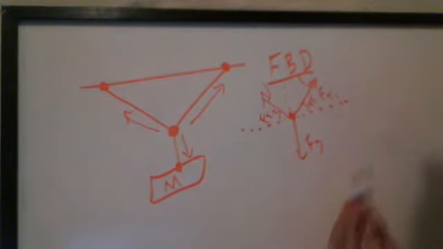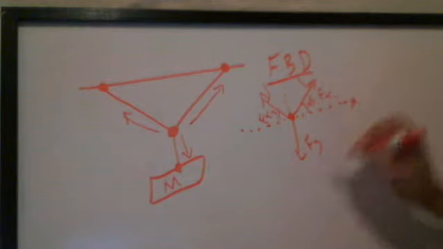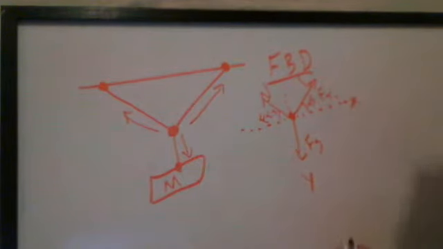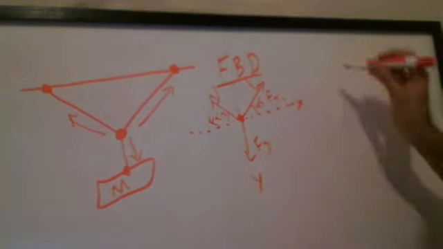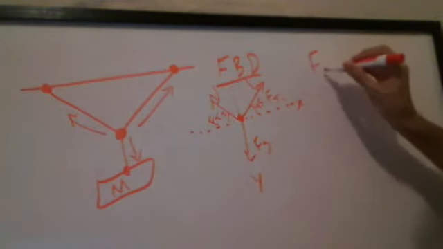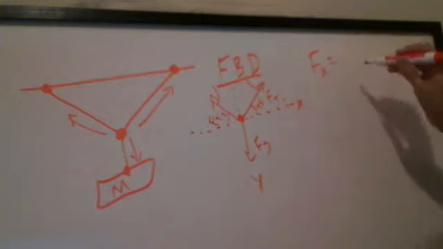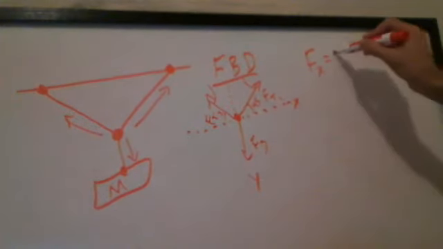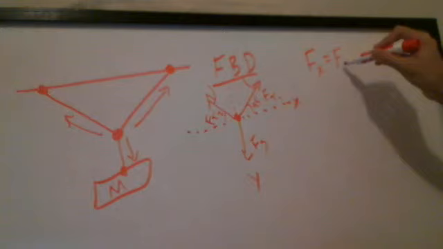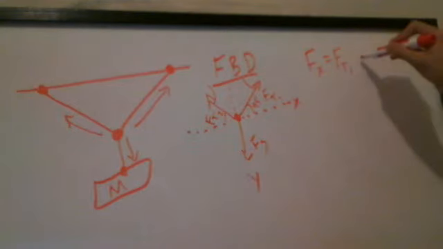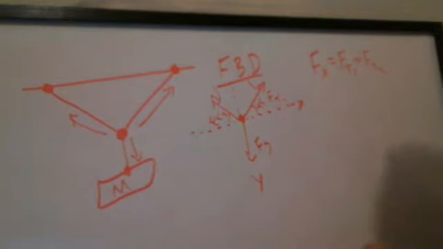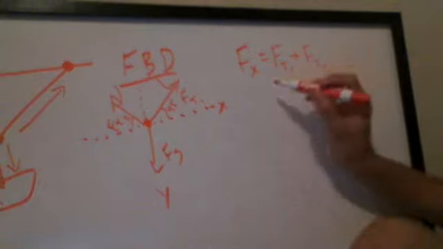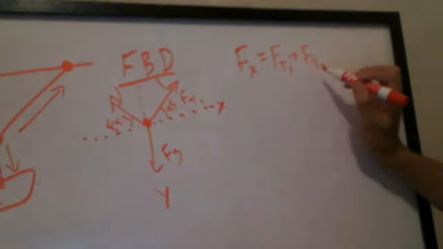Alright, so what do we know? If this is the x and this is the y, what do we know? The forces in the x direction is force of tension 1 and force of tension 2. Force in the x direction is force of tension 1 plus force of tension 2.